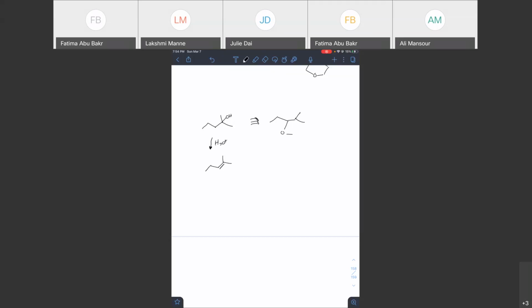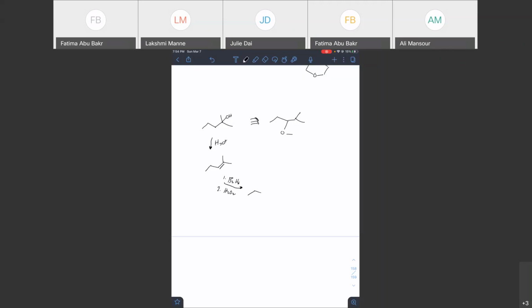After that, once we're here, we can add an OH. We're going to do an etherification. To add an OH to that position, which is the position with the most hydrogens, I have to do an anti-Markovnikov addition of H and OH. So I'm going to use B2H6 and H2O2.